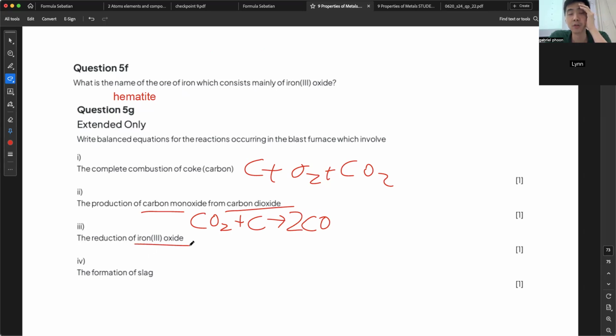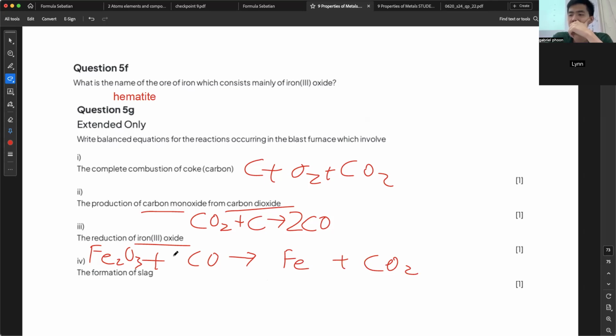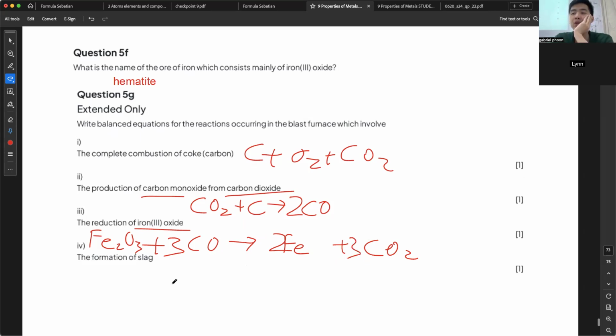Then reduction of iron oxide. What do we use to reduce the iron oxide? Good. Fe2O3 plus carbon monoxide becomes iron plus carbon dioxide. Then you balance the equation, which in this case will be 1, 3, 2, 3.